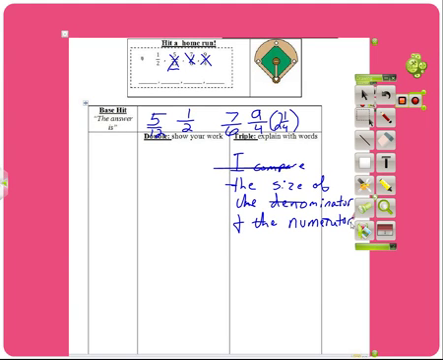Okay, so what are some things that you can tell from looking at those? I can kind of see how big the fraction is compared to the other fractions.